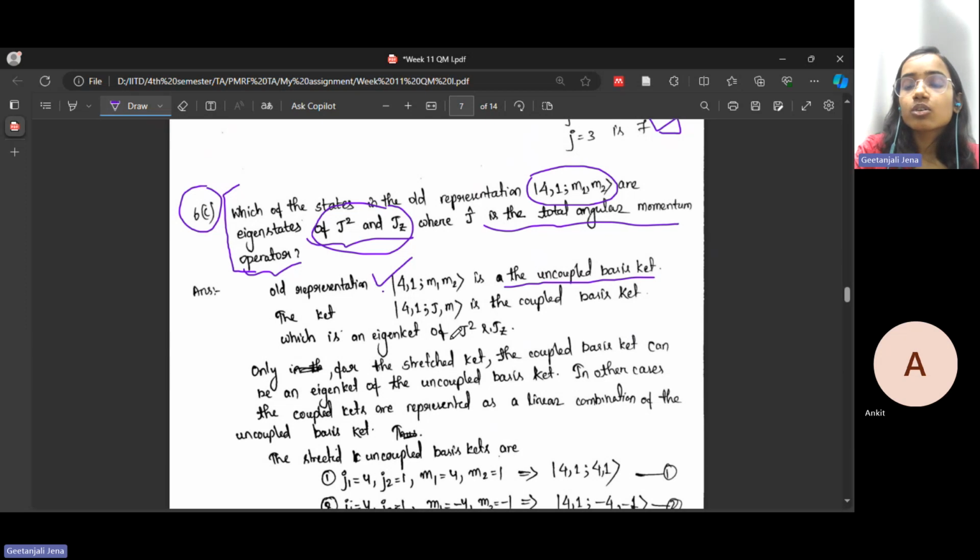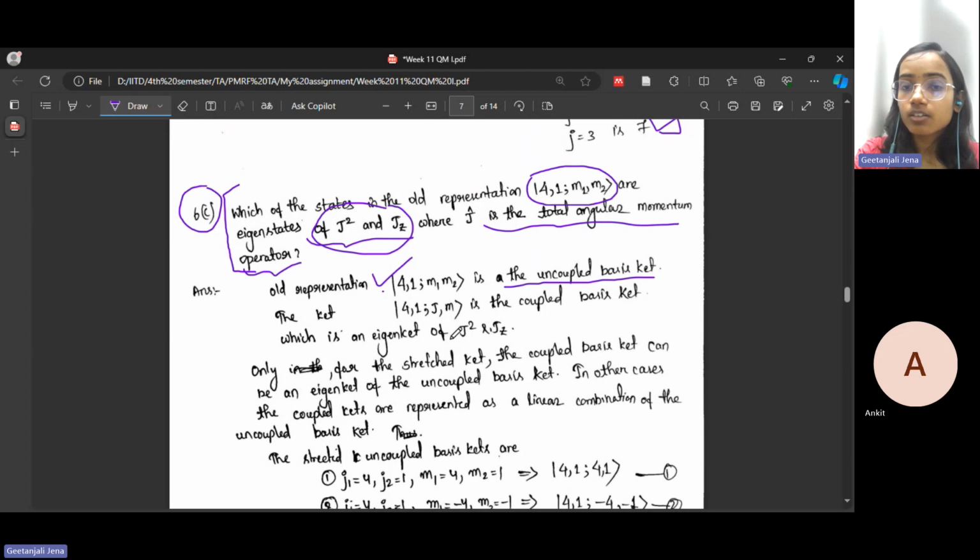Okay, so if you recall in the lecture, there is a concept of stretched states. Stretched states are those for which m1 takes the maximum value of j1, and m2 takes the maximum value of j2. That's why in the coupled state, m takes the maximum value, j1 plus j2. So these are the stretched states.